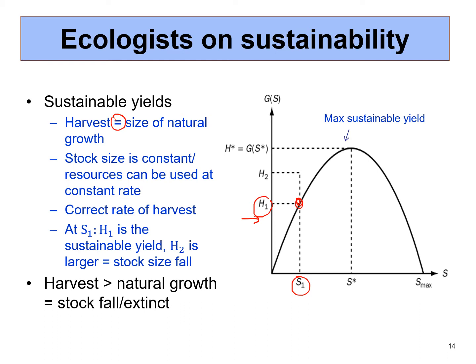If let's say our stock is at S1, but then we harvest at H2, so this is not sustainable. So definitely our stock size will fall. When the harvest rate is more than natural growth, the stock will go extinct. So at this point, we call it maximum sustainable yield. S star here is the optimum stock size.